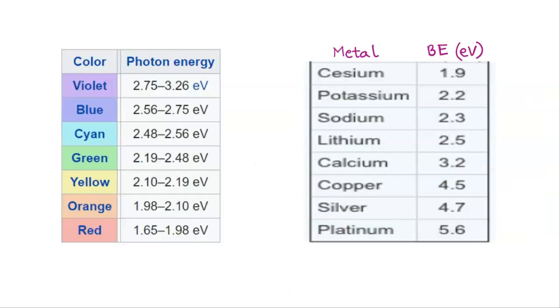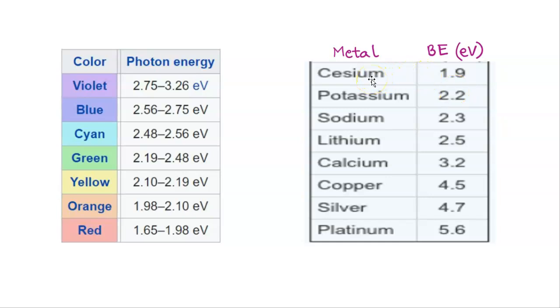Now here you can see the visible range of light. There are different colors in this visible range and their energies. The violet energy, the blue light's energy, the cyan, the green, the yellow, and all these energies are given. Here in this table you can see the metals and their binding energies.